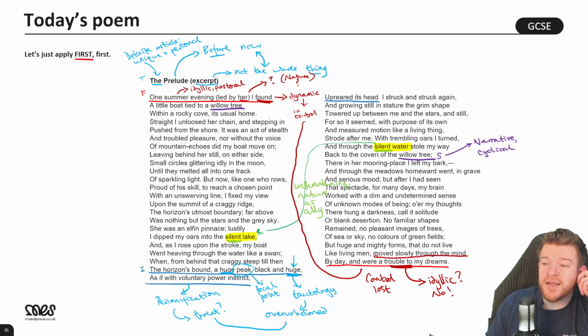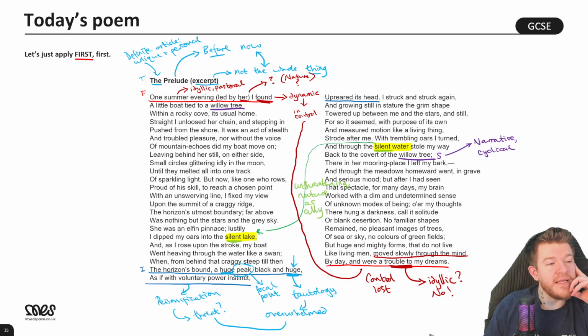At this point, the silence of the water means that this is nature on the speaker's side, and we can contrast that with this kind of threat over here that causes the speaker to be kind of overwhelmed and frightened. So we have a silent lake contrasted with this kind of really out there confrontational nature of the huge peak, black and huge.